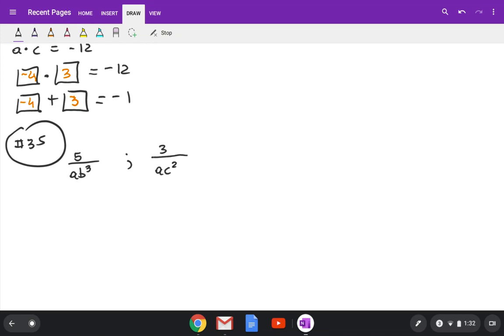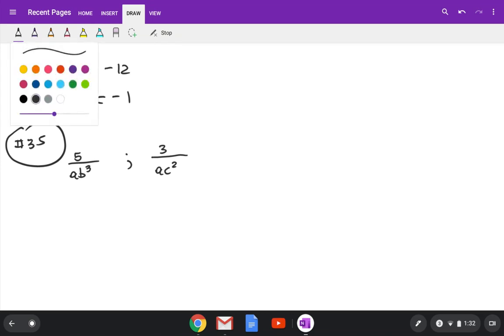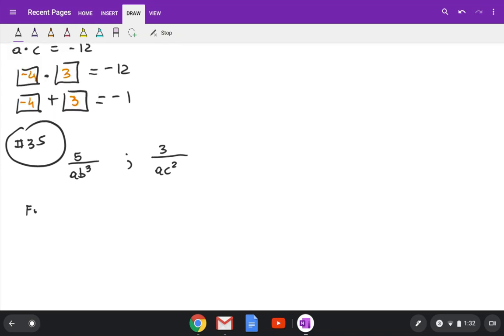So first what we need to do, we need to find the LCD, the least common divisor of our denominators, so of a b to the third power and a c squared.